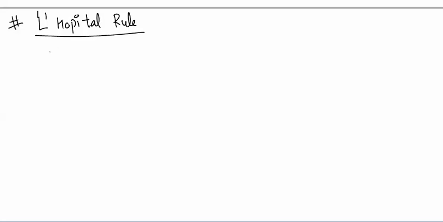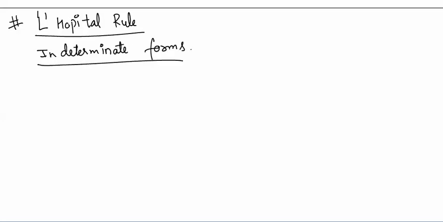Whenever we have limits with indeterminate forms. What are indeterminate forms? Indeterminate forms are forms which we cannot solve.